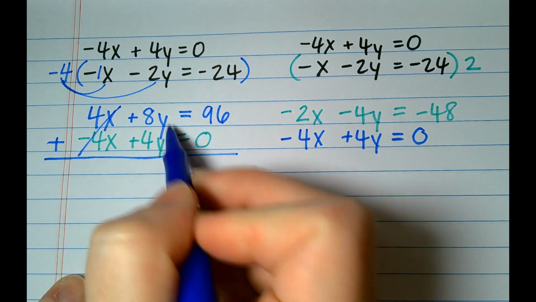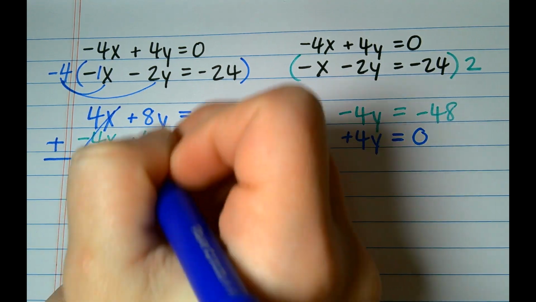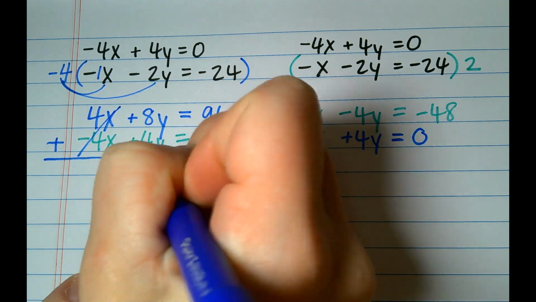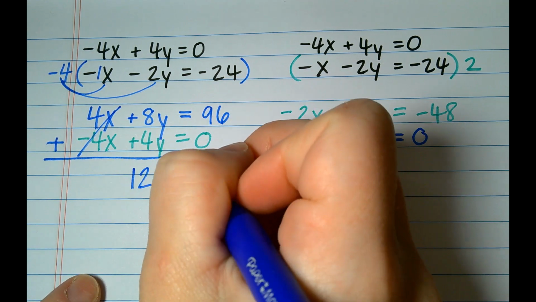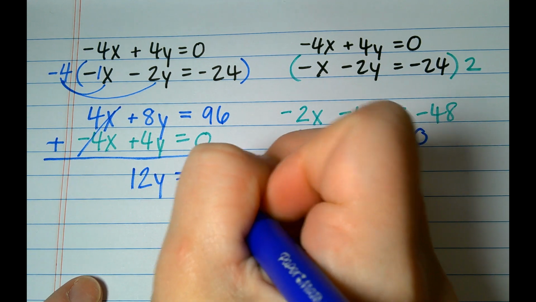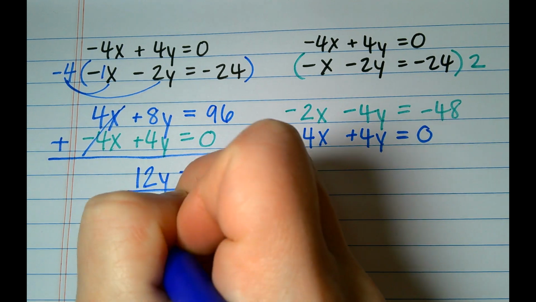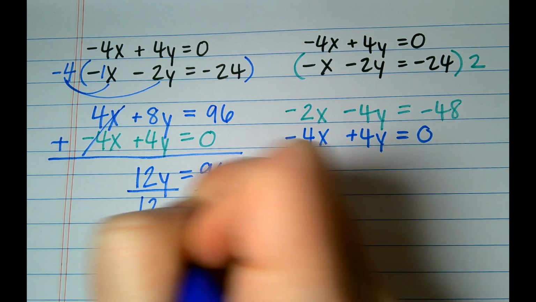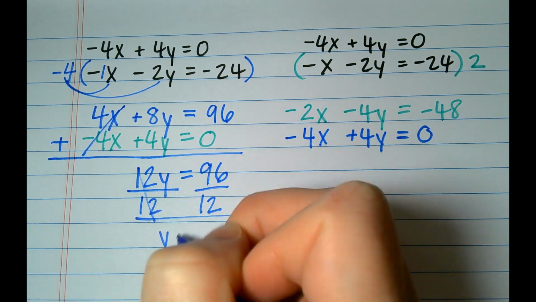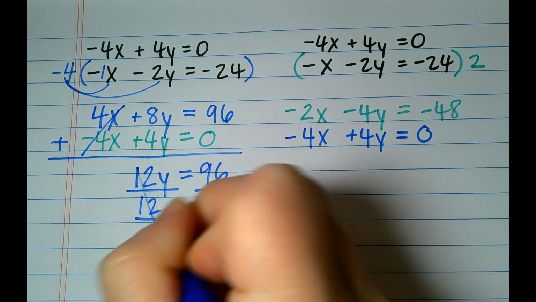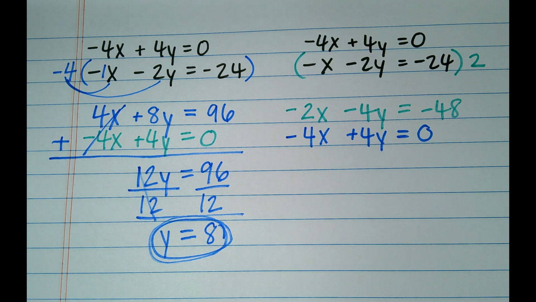Cancels. 8y plus 4y, what's that? 12y equals 96. Okay, and last step, what do I do? Divide by 12, and I get y equals 8. That's my first coordinate, my y value.